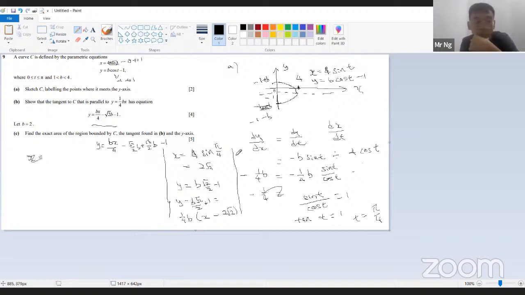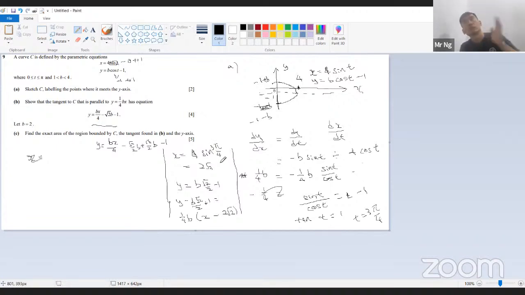Okay, this thing is wrong. I think it's 3 pi over 4. Okay, so it's 3 pi over 4, then here 3 pi over 4.